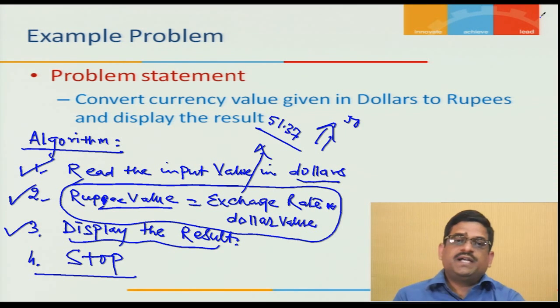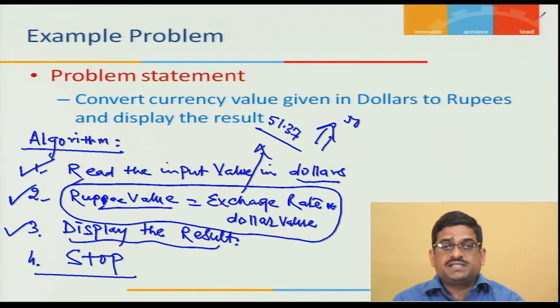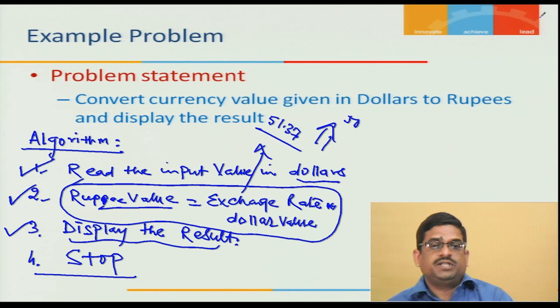Now, as I said when I started this lecture, what is the advantage of converting this into instructions which my machine can understand? The advantage is that any number of dollar values can be provided, and this program will give me the corresponding rupee value.